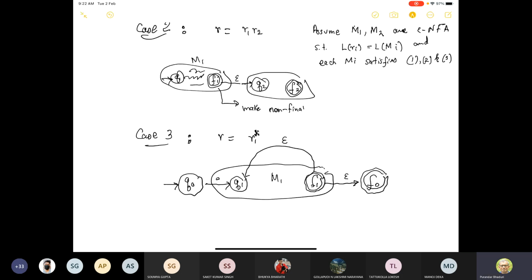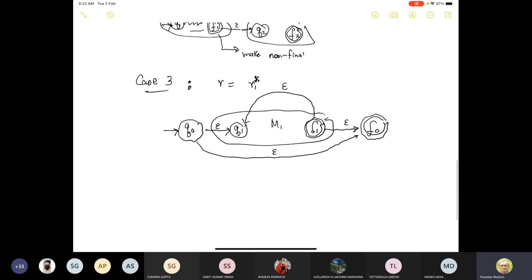And there's an epsilon transition here. And also this. So this is the correct construction, but why do we need to do all this?